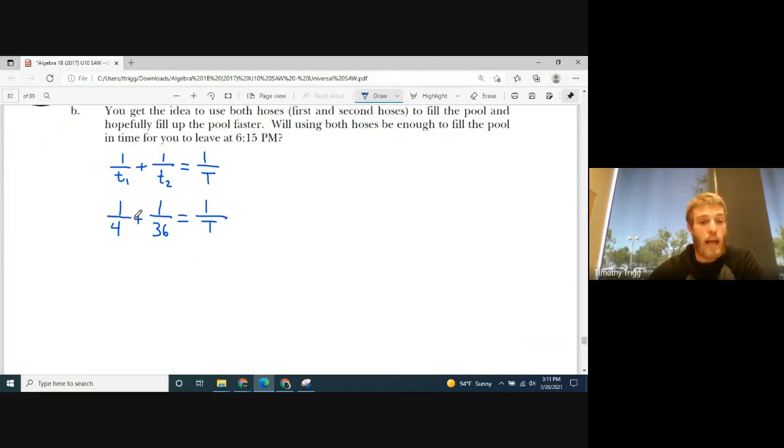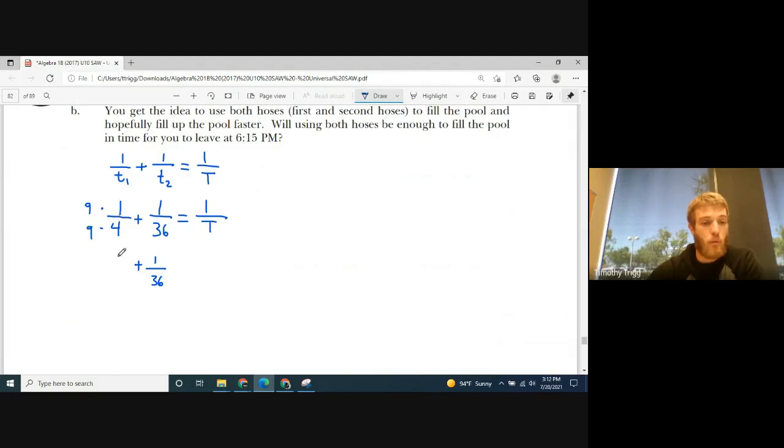Okay, so now we want to add these two fractions together and solve for T. When I want to add two fractions, I want a common denominator. In this case, I could change both the denominators to 36. The second fraction can stay as 1 over 36. But for the first fraction, if I change it to 36, that means I'm multiplying both top and bottom by 9.